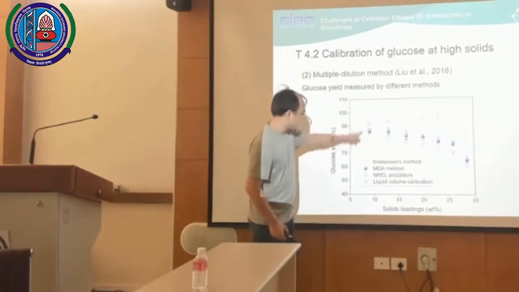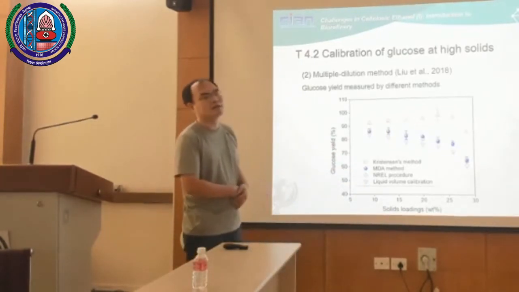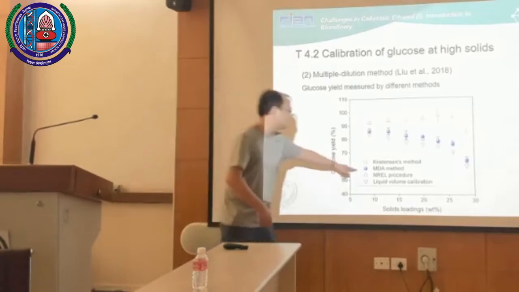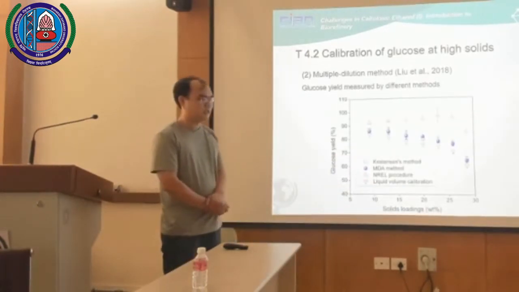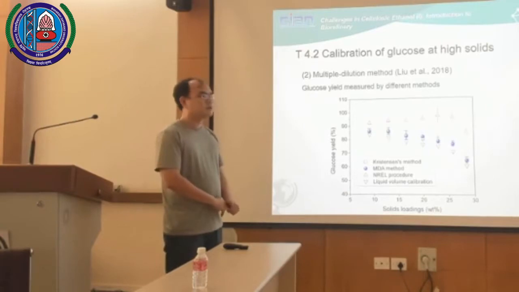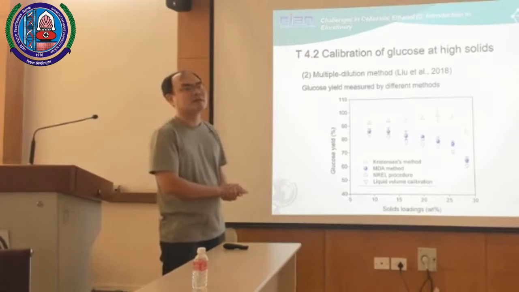But if we are going to study at a very low loading, for example 2% or 5%, other methods are okay. So it is particularly developed for high solid consistency conditions.